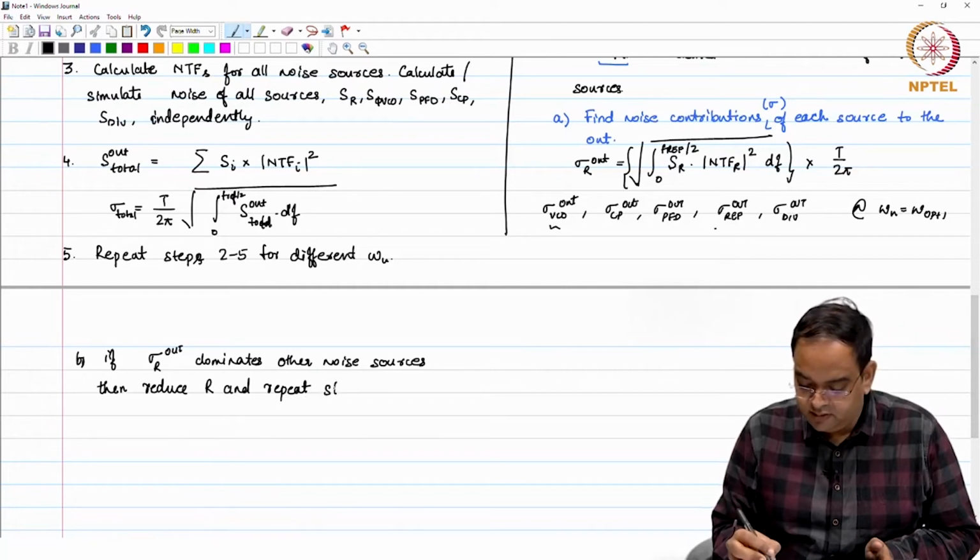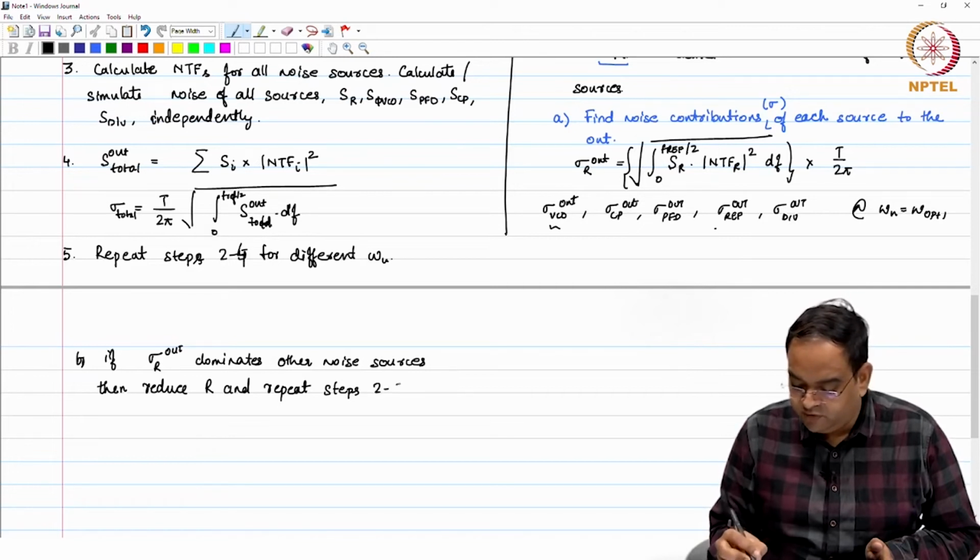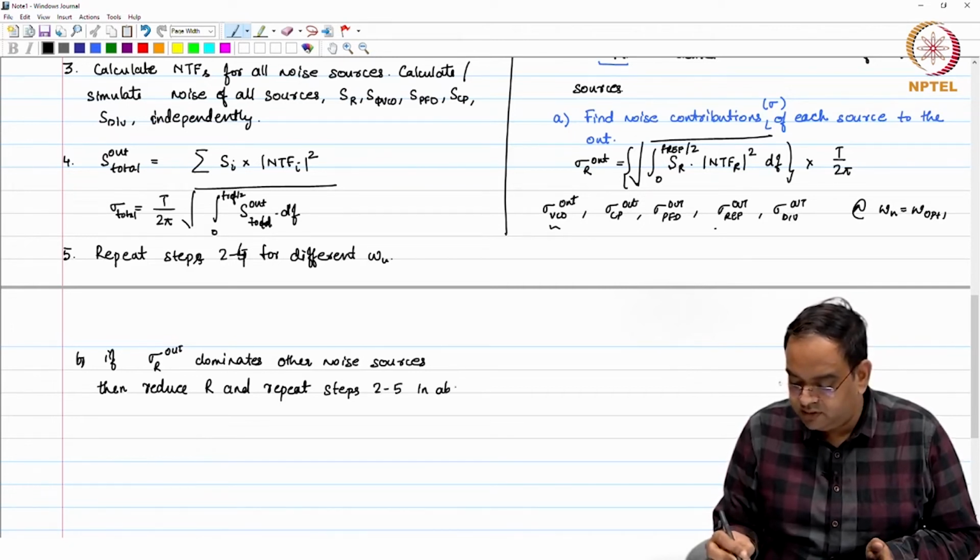Earlier it was 2 to 4, by the way, but it is 2 to 5 in our procedure.